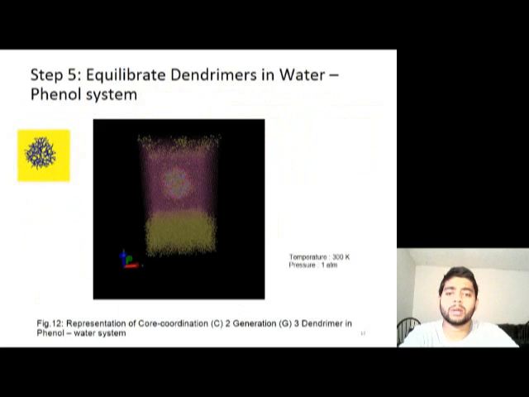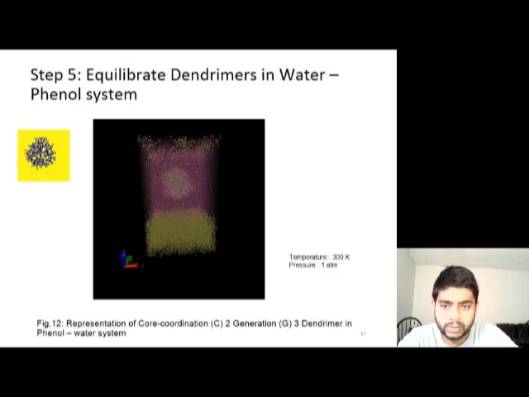And most importantly, this is our system to determine how much drug can be captured inside the dendrimer molecule. What we did here is we took phenol as our basic drug. We chose phenol because phenol has a fast diffusion rate and intermediate hydrophobicity, similar to many small drugs.